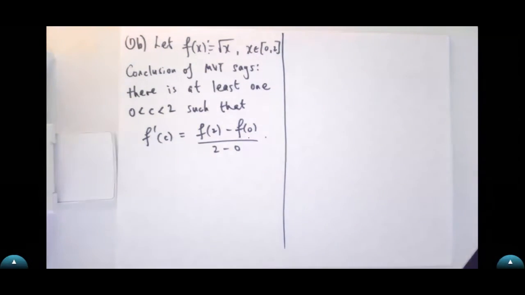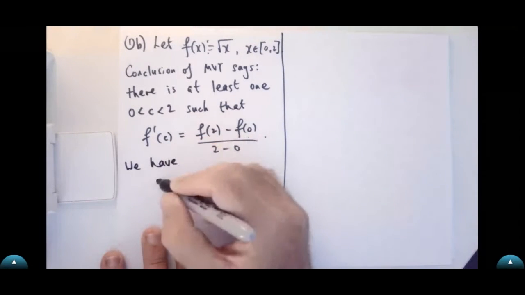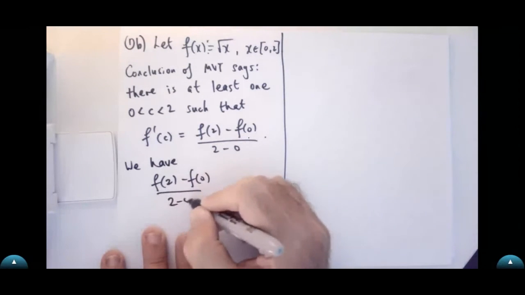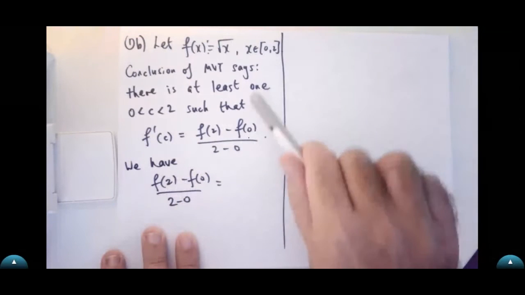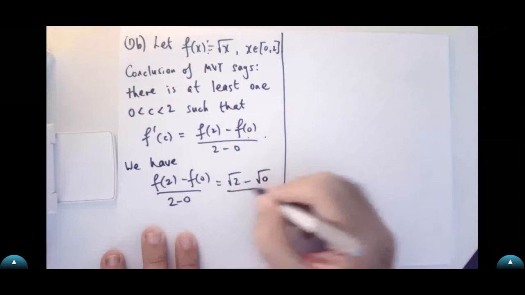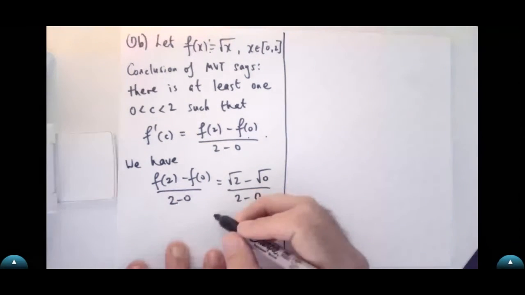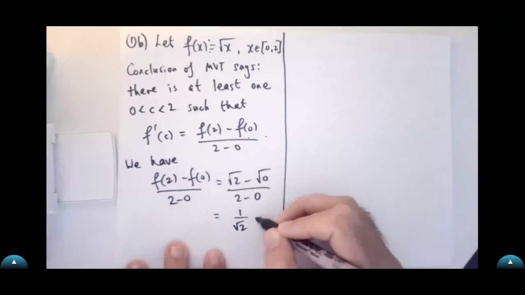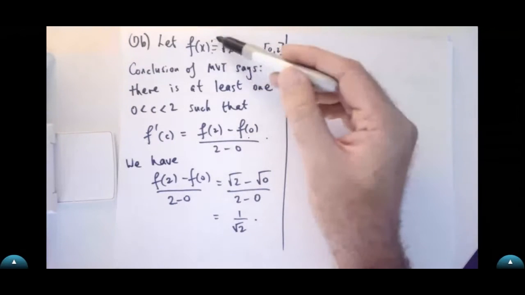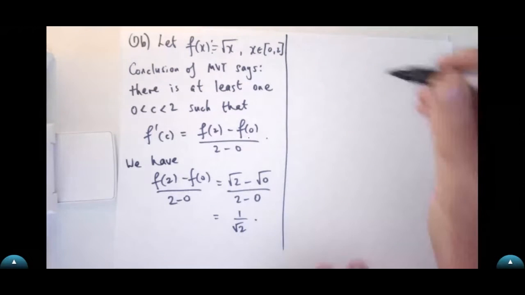Let's work it out. The right-hand side of this expression is going to be root 2 minus root 0 all over 2 minus 0. Sweet. And so we simplify that to 1 on root 2. So now because we know our function, let's differentiate it and plug in x equals c.